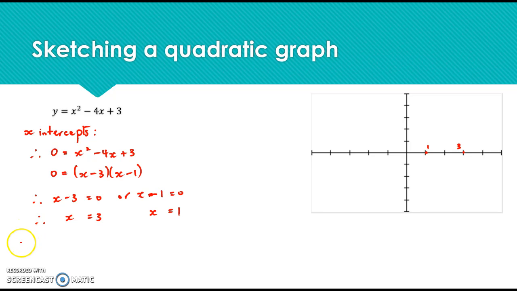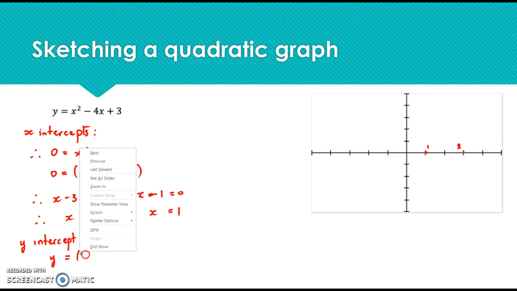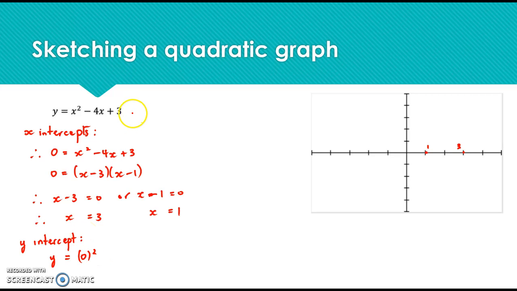Moving on, we now find the y-intercept. Now y-intercept occurs when x equals 0. So what we'll do is we will say, let's find y, but we will replace the value of x with 0. So going back to this original equation here, I will just put in 0 squared minus 4 lots of 0 plus 3.